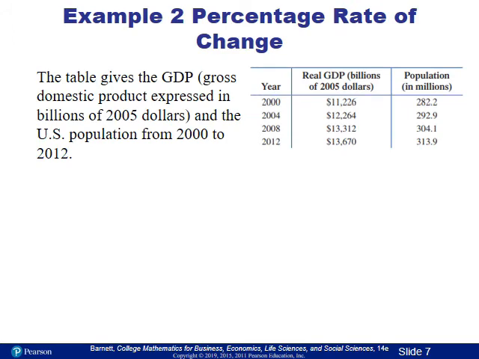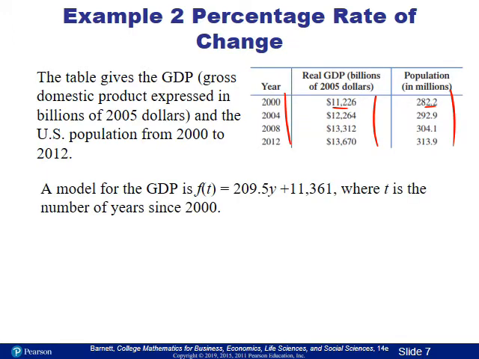So here you can see a table. A table gives you the gross domestic product expressed in billions of dollars and US population. Again, this year this GDP is this, population was this, and similarly we have GDP against the population. A model for the GDP is f of t.